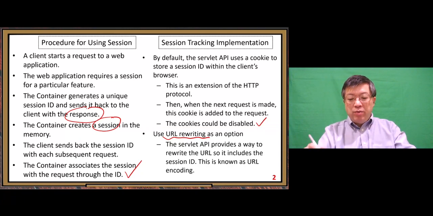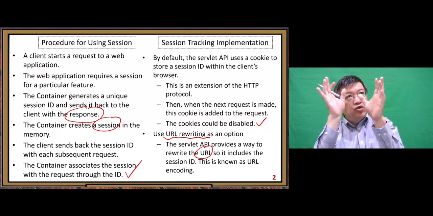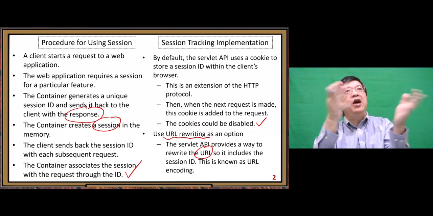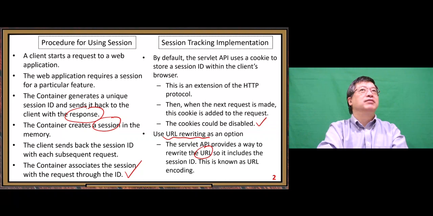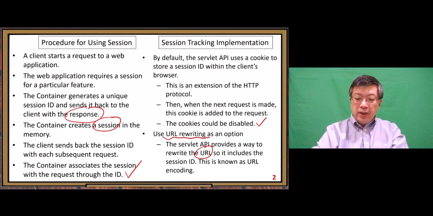The servlet API provides a way to rewrite the URL. Here you can see there is a string. The session ID string will be attached to the URL. Without cookie support, you can still use URL rewriting because that's part of the URL, attached at the end of the URL string. So it includes the session ID.